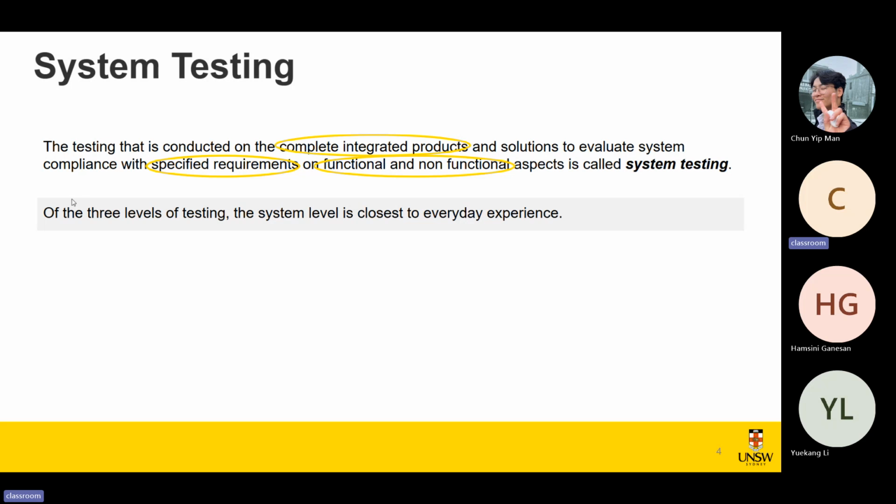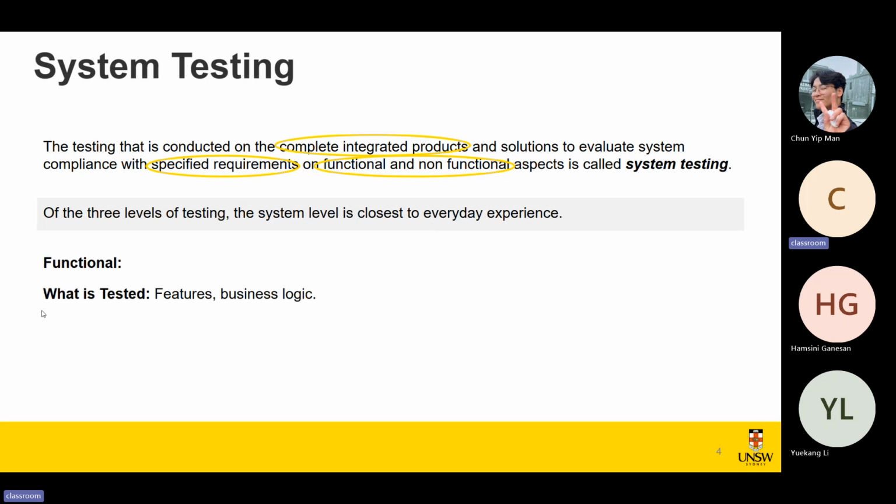Among the three different levels of testing, the system level is actually closest to our everyday experience because we are using the end products, not just functions or some combinations of small functions, right? So this is like we are testing from the user's perspective.